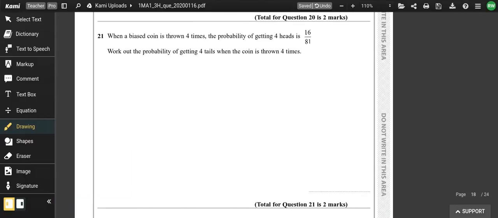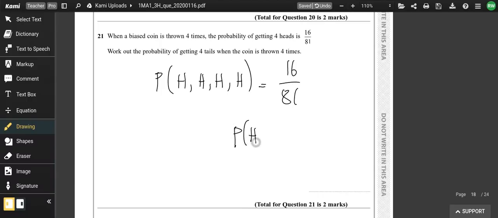Question 21. When a bias coin is thrown 4 times, probability of getting 4 heads is 16 over 81. So probability of getting heads, and heads is 16 over 81. So this is the same number multiplied by itself 4 times. So the probability of getting a heads is the 4th root of 16 over 81, which is 2 over 3.